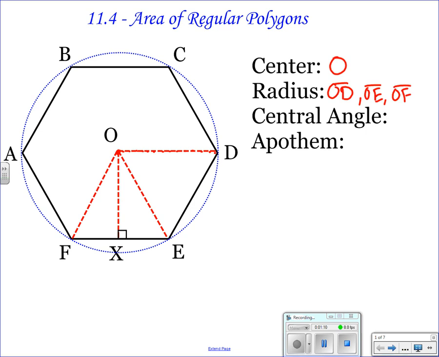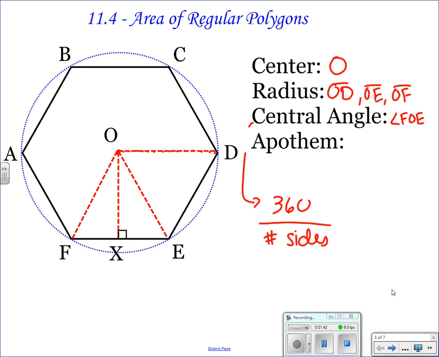From the center out to one of the vertices. Now the central angle would be angle FOE. That's from the center, and that's the angle that makes up one of the sides. How you find the central angle is you take 360 and divide by the number of sides, because you're going to split 360 degrees, the degrees in a circle, by the amount of congruent sides.